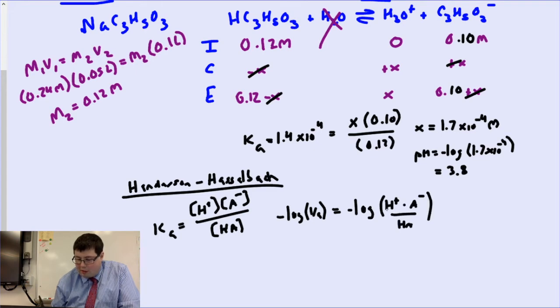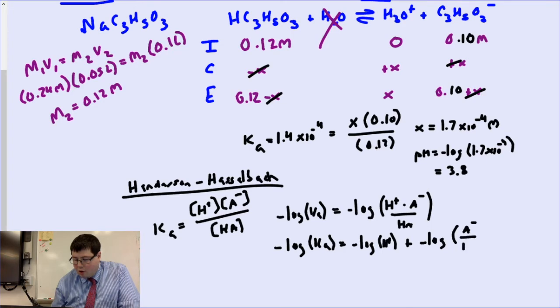Now, I'm mostly concerned about the negative log of the H plus because that's my pH in solution. So let's go ahead and see if we can just solve for that. Negative log of the Ka is negative log of H plus, minus negative log of A minus over HA.